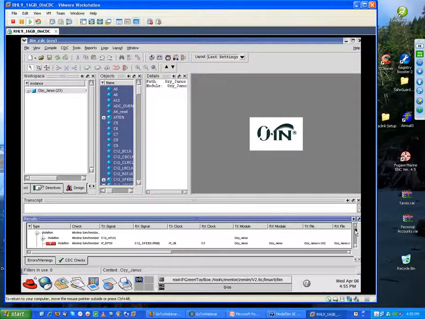What I had done basically was a typo. I wasn't paying attention. But when this tool catches CDC errors, these are things that ModelSim's not going to catch, and your compiler tools are not going to catch. They're not geared for doing these types of things. So this is one tool that you can use to actually help you find those clock domain crossing issues.